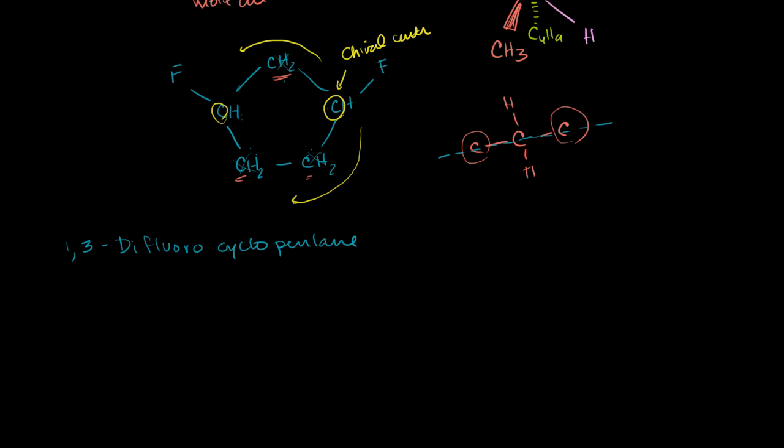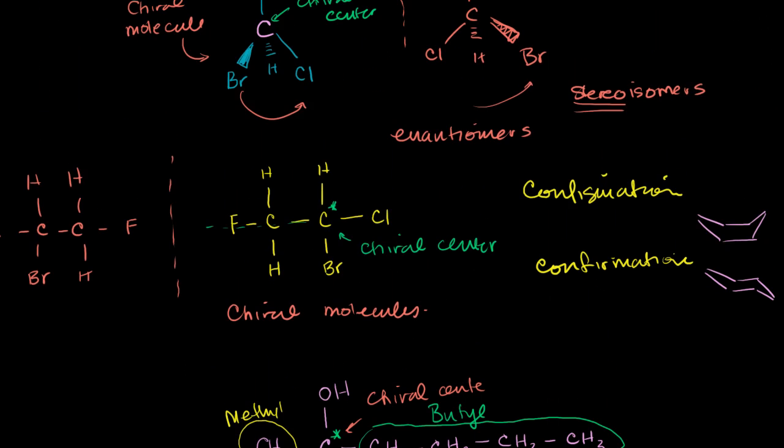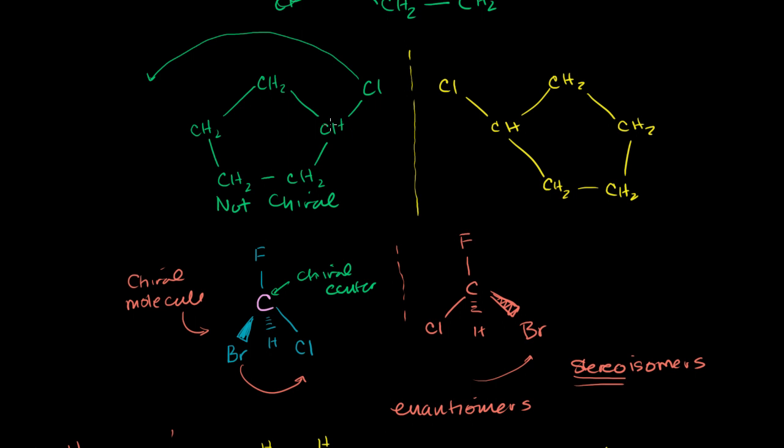Another way to think about it, and it's actually interesting to compare it to this molecule up here, which was not chiral and did not have a chiral center. Let me draw it a little differently to make it more clear. I can draw it like this, if you have the chlorine like that.